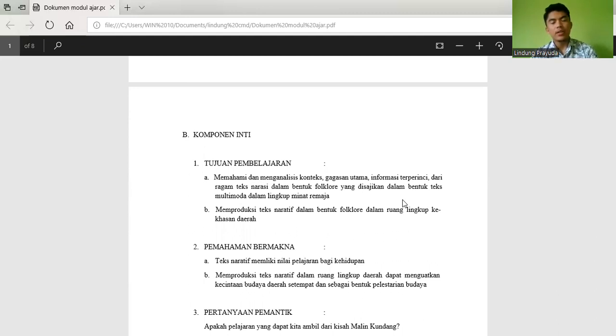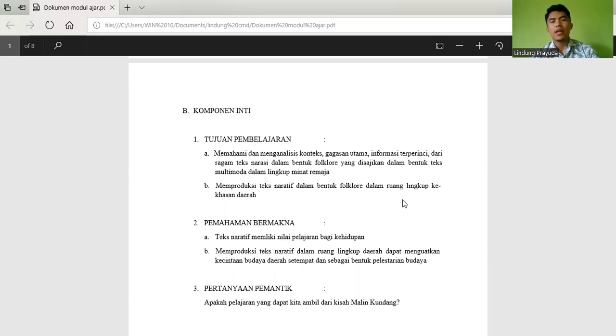I want the students to be able to understand and analyze the context, the main idea, and specific information from a variety of narrative texts in terms of folklore, which are presented in multimodal text within the scope of teenage interests, and then to create a simple narrative text in terms of folklore related to the region where they live.